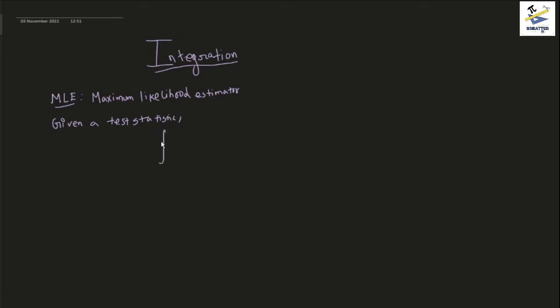So if you have, let's say, f of x1, x2, up to xn, and this is the joint PDF, and let us say it is also equipped with the parameter theta. This theta is what we call the test statistic here, and we would like to maximize theta. So what we generally do is as follows. Let me give you an example.